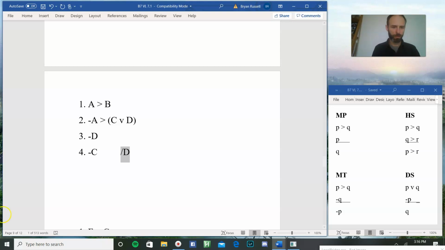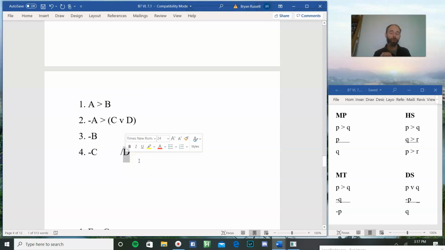Nope, I didn't. That's more like it. It would have been really weird if on line 3 we had not D and what we were trying to prove was D. So that's how I knew that I was in error. So given this information, can we get D?